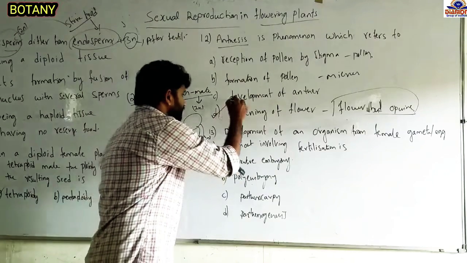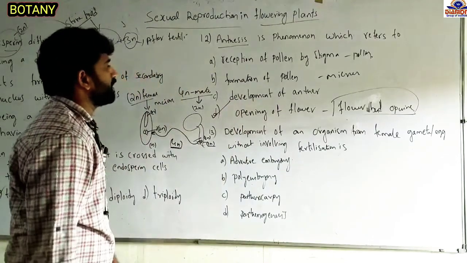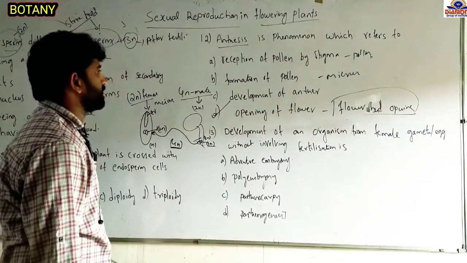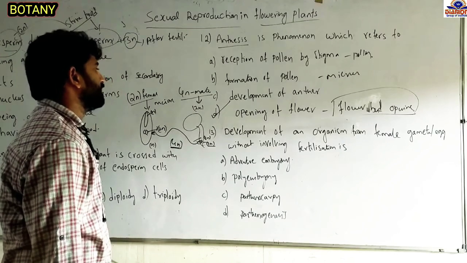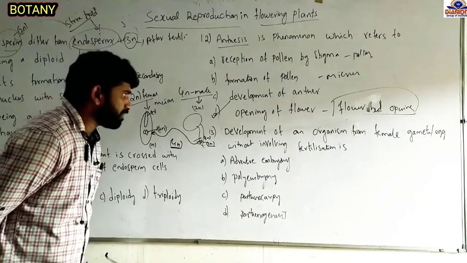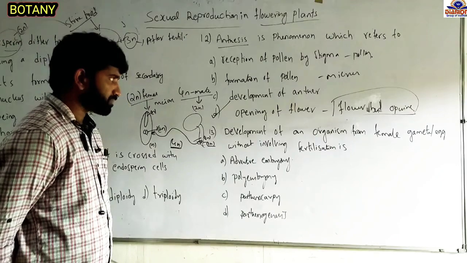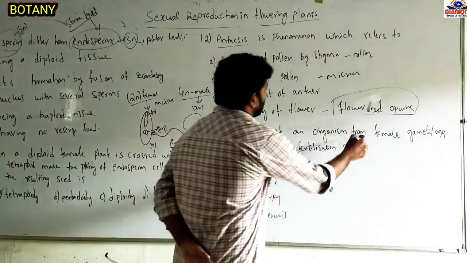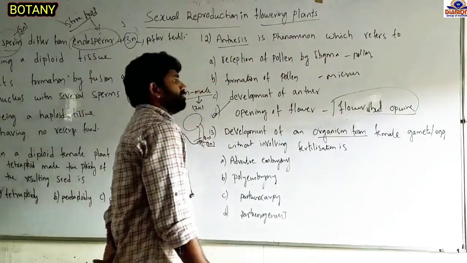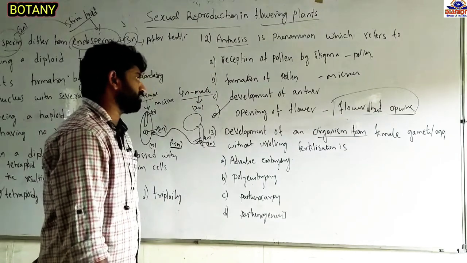So answer is D. The next question: development of an organism from the female gametophyte or egg without involving fertilization. Meaning development of new individuals from the female gamete or the egg without involvement of fertilization.